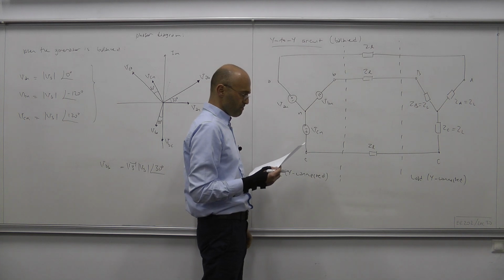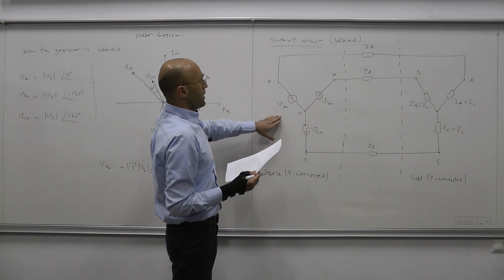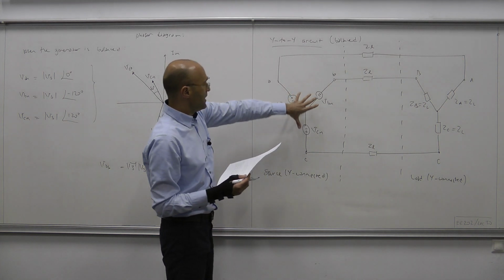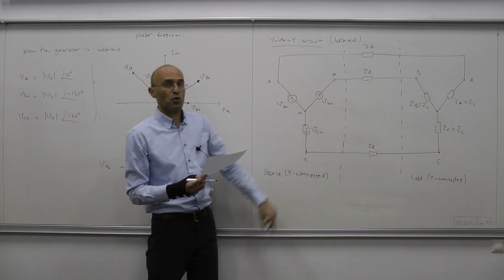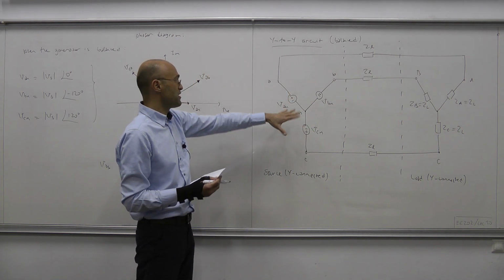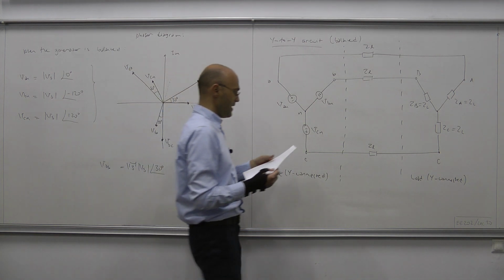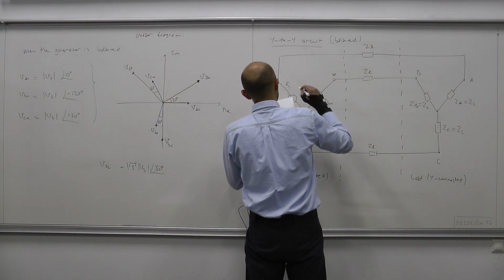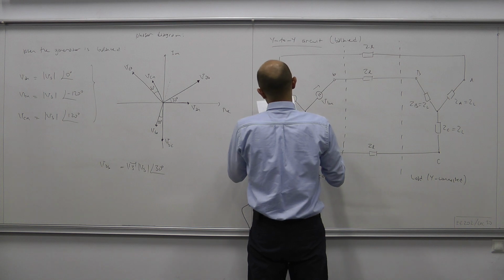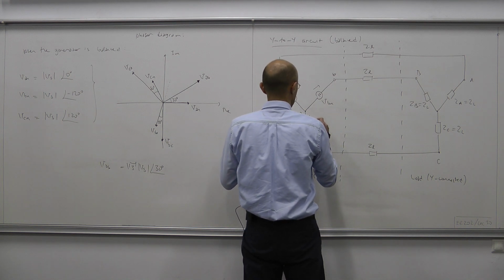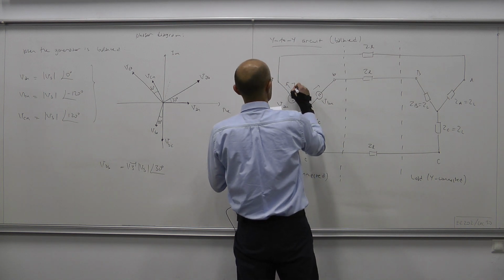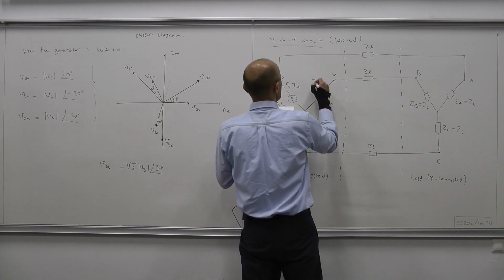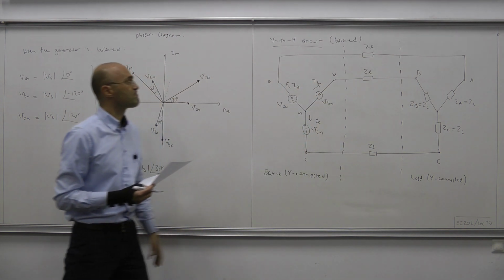Here we have already labeled the voltages. Those are the source voltages, phase voltages at the source side, and then we have the currents leaving those voltage sources. This is called IC, this is called IA, and this is called IB.